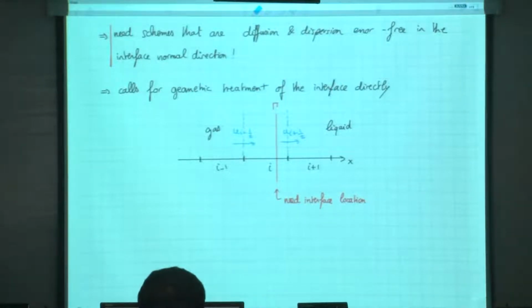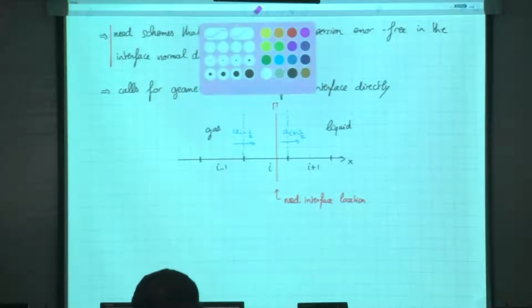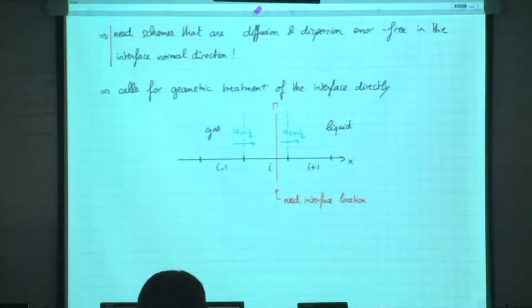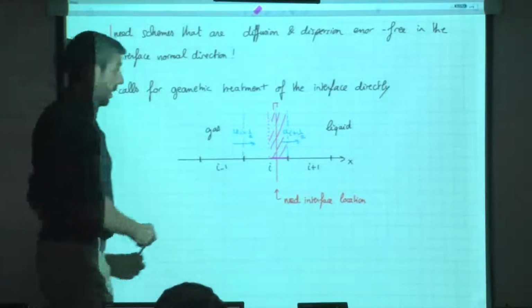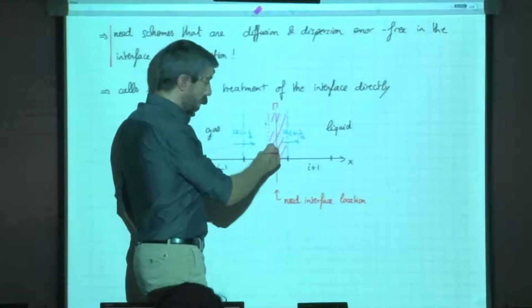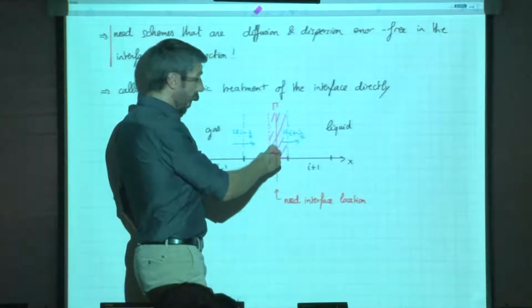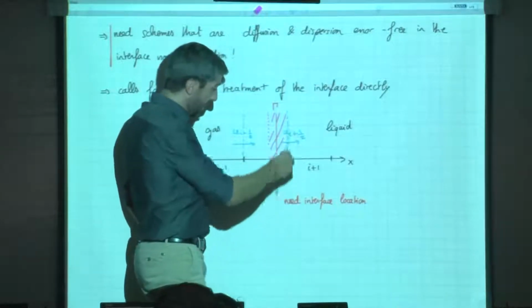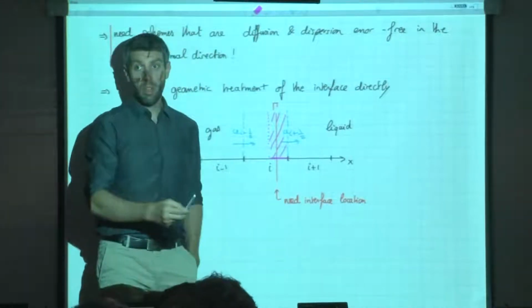For example, I can take that cell face and move it backwards in time by an amount that corresponds to my velocity, and say that everything in that region here has to have moved through my cell face i+1/2 during my time step.